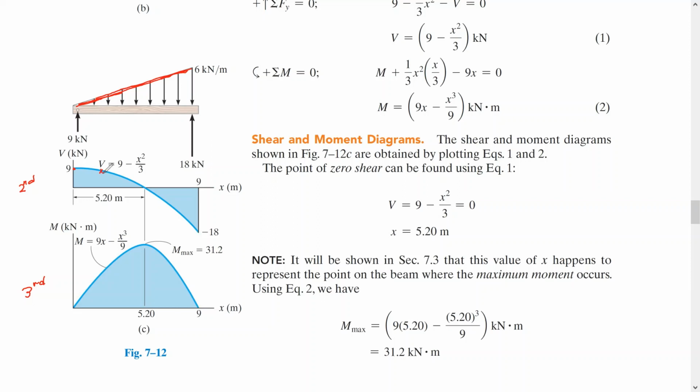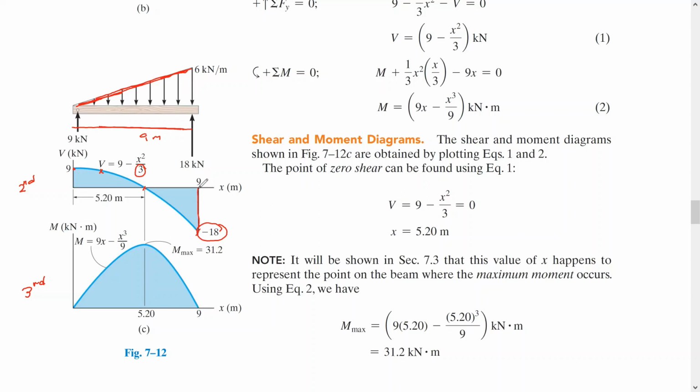Substitute here. Doing like this, substitute like here, it's going to be 9 minus, how much here? It's 9 meter. Okay, so 9 minus 9 squared over 3, 9 squared is 81 dividing by 3 is 27, so 9 minus 27 we have minus 18, and here it's minus 18.